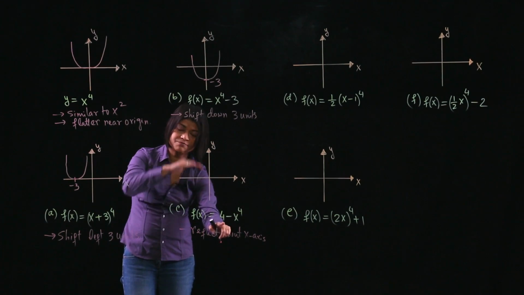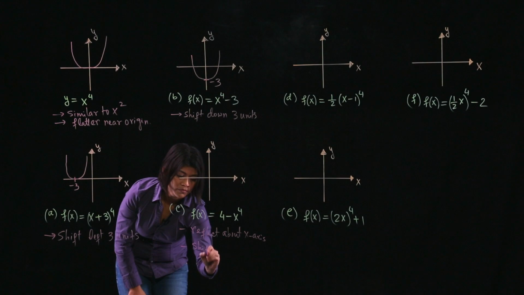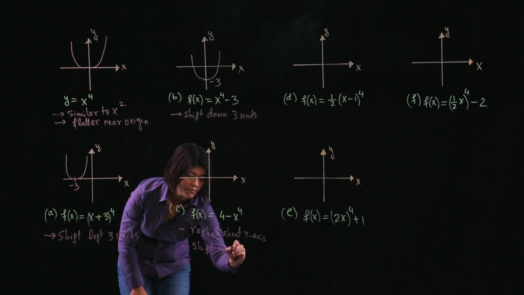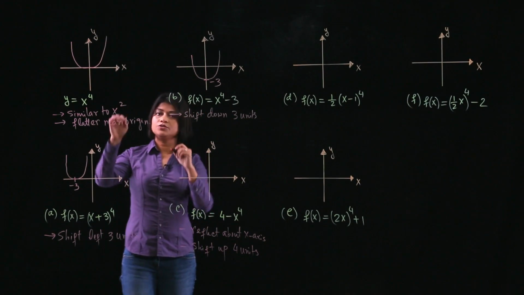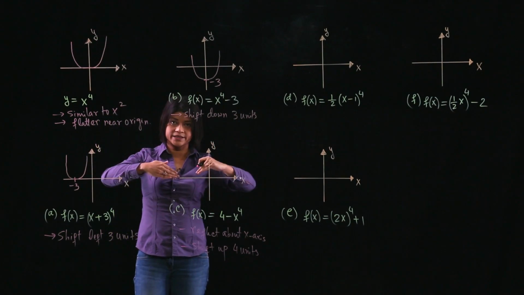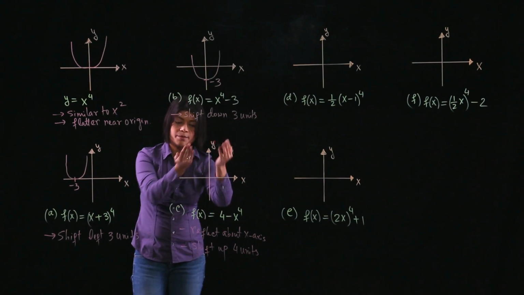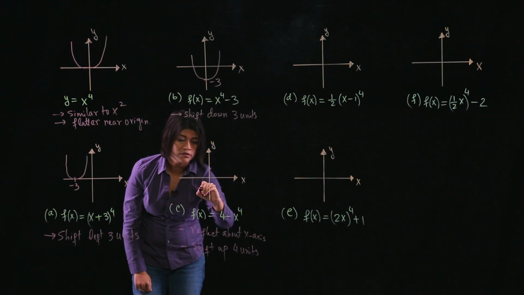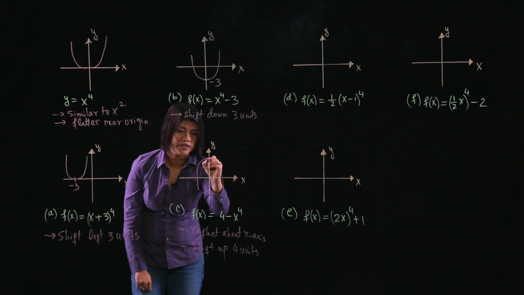That means you shift up 4 units. So think about it. You're taking x to the 4, you're reflecting it, so it's upside down, but then you're shifting it up 4 units. So it'll look something like this.